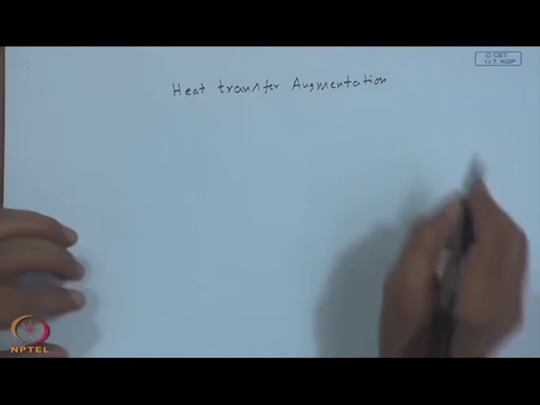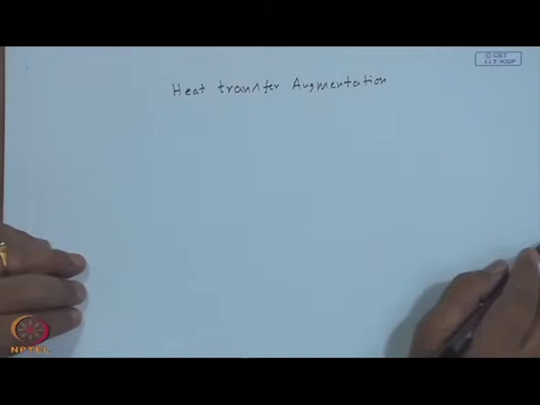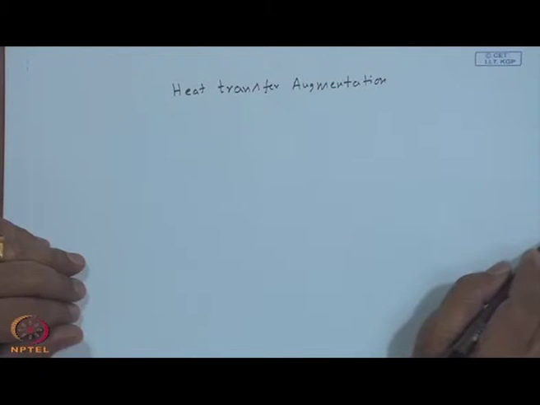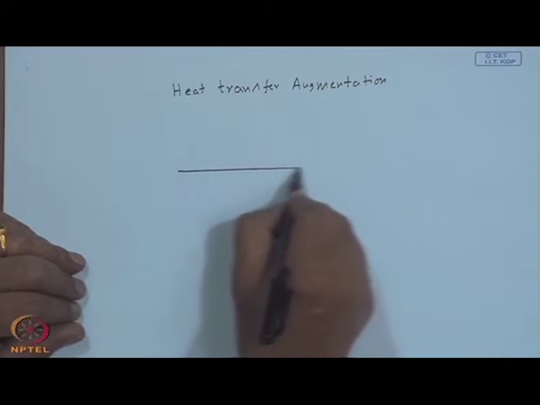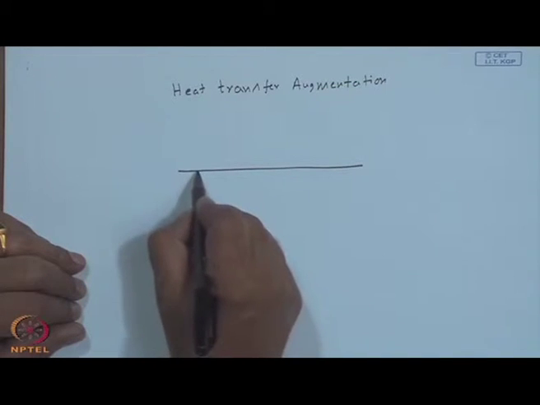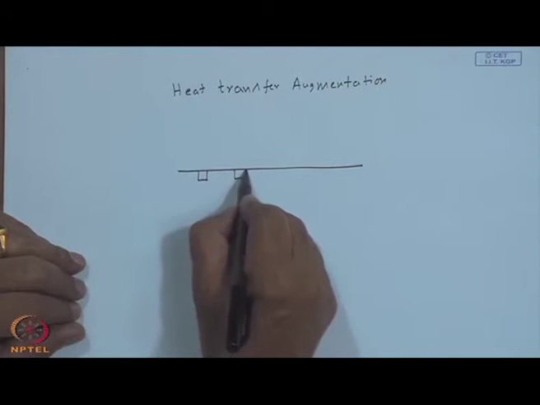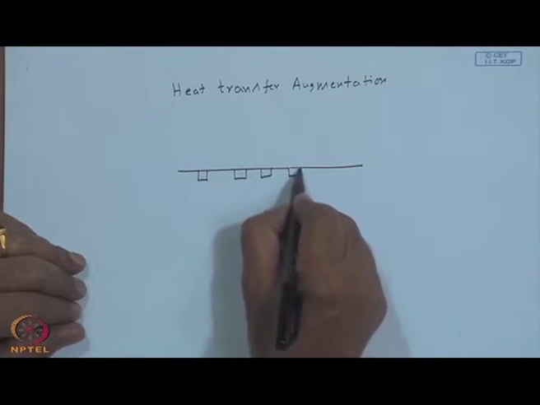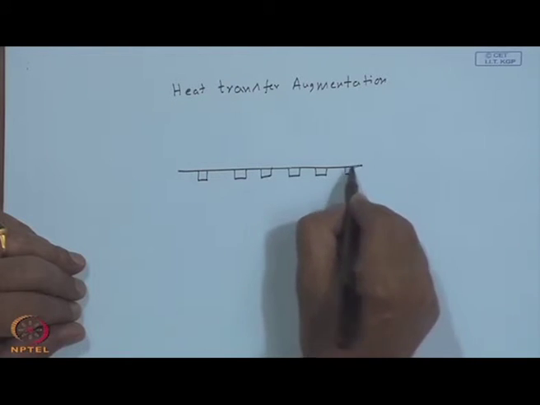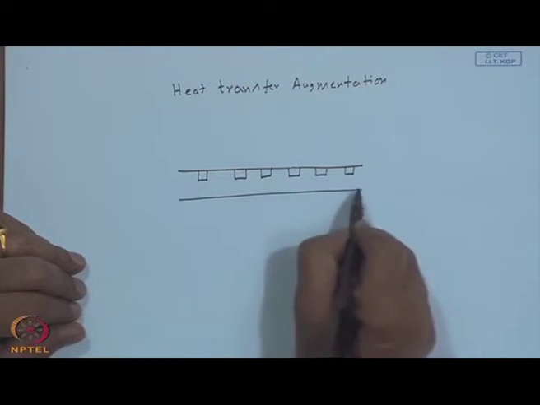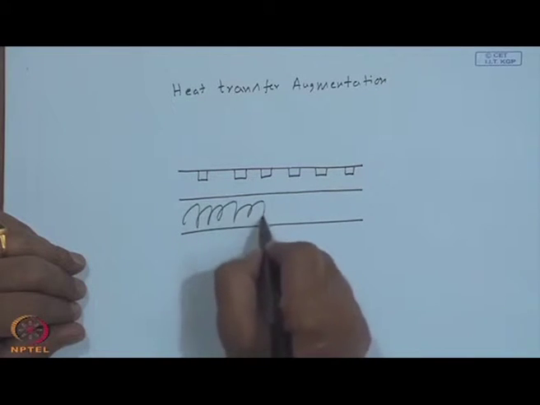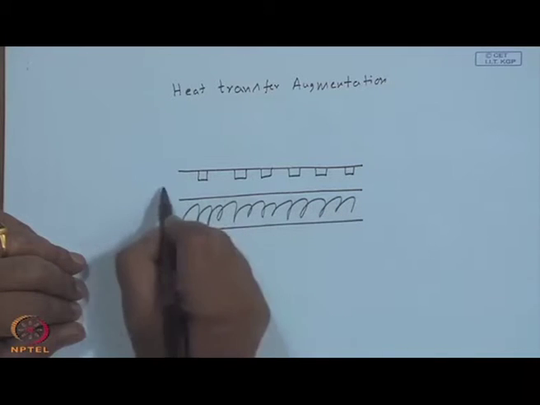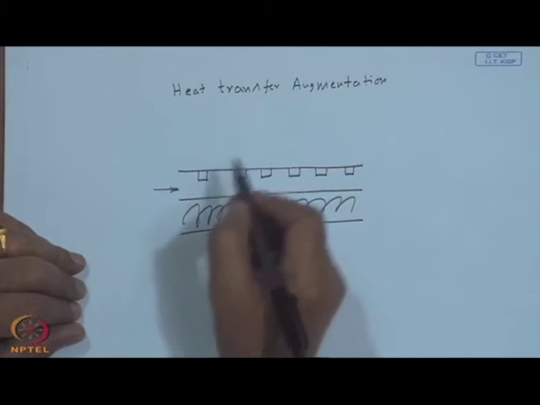I was mentioning in one of the previous classes that in general the heat transfer coefficient for air is poorer compared to that for liquids, and here you have an absorber plate with some protrusions, and a bottom plate, and insulation, and flow in this direction, let us say.